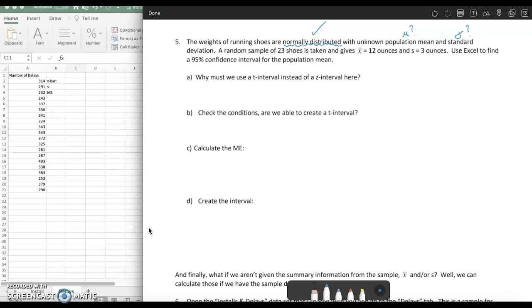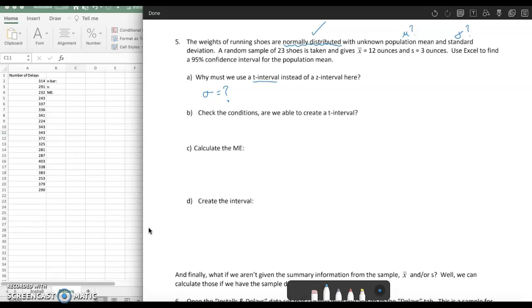So why is it that we have to use the t interval here instead of the z? Notice we don't know sigma. That population standard deviation is unknown. So hence, we can't use that z interval. We're going to use the t interval instead. Check the conditions. Are we able to? Yes, we already sort of did that.